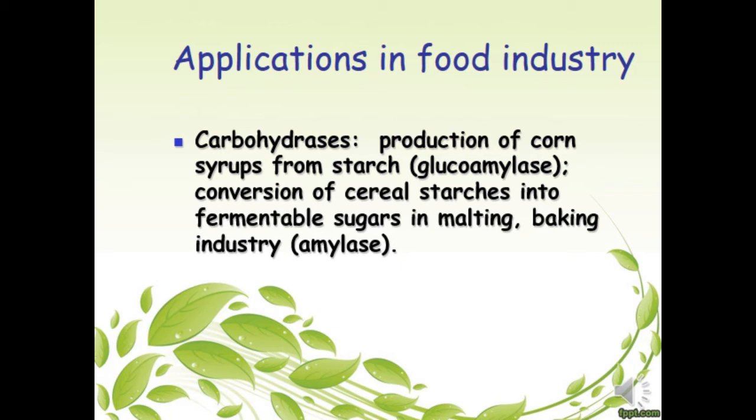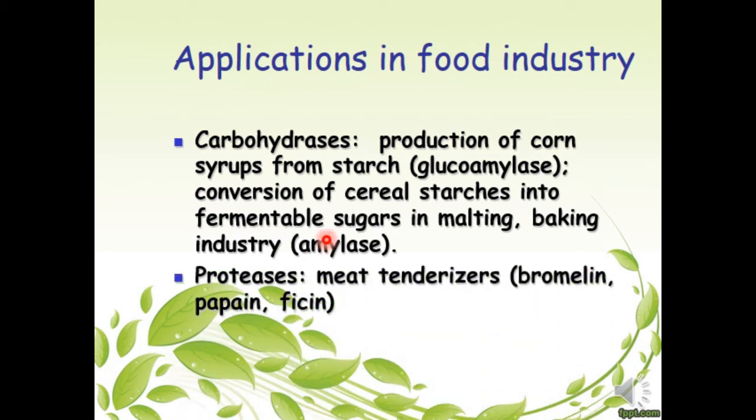Glucoamylase is specifically the enzyme used for the production of corn syrup from starch, as an alternative to sugar. Another example is conversion of cereal starch into fermentable sugar in malting and baking industries. An example of enzyme here is amylase.